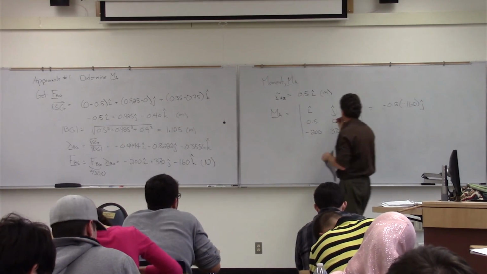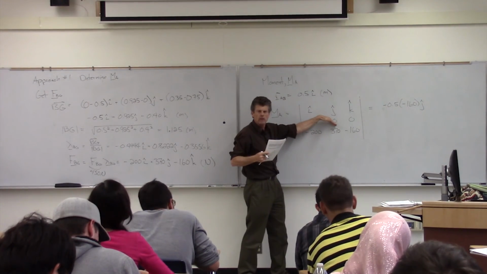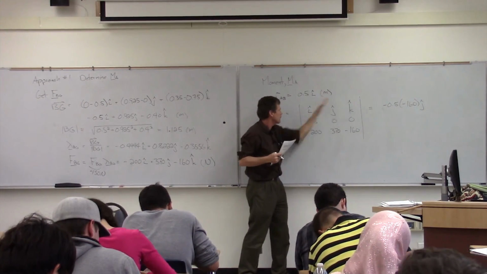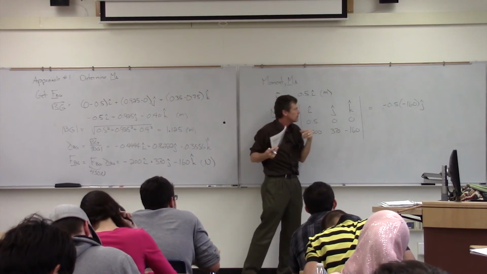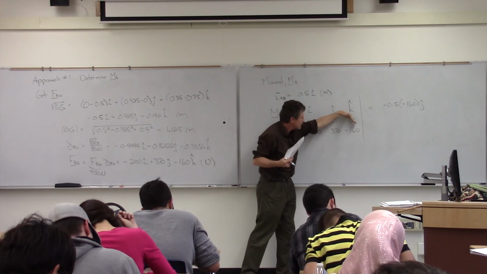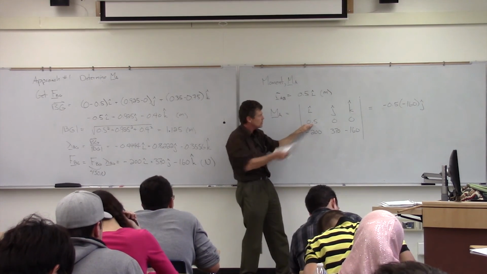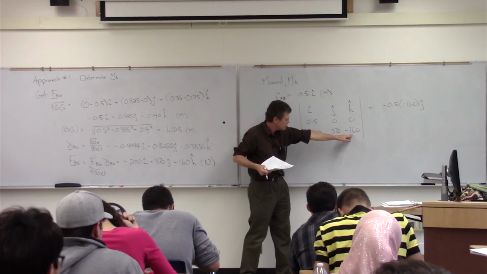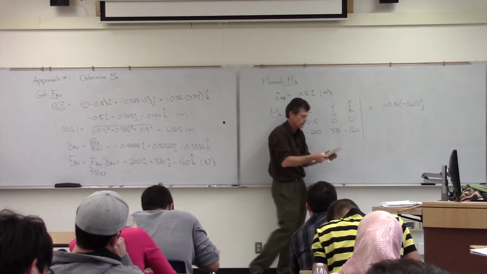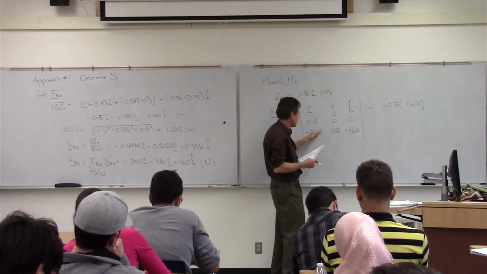Okay, so a couple things to look at. When we look at i, it hits a 0 this way, so it's not going to have anything. If I go the other direction, it's going to hit a 0 that way, so nothing for i. We go to j. If I go this direction, I'm going to hit a 0. Nothing there. If I go this way, OK, that's my negative direction, so I got a 0.5. And then I pick up the minus 160. When I look at k, if I go this way, it's going to be 0.